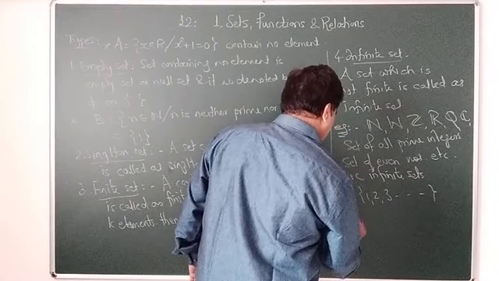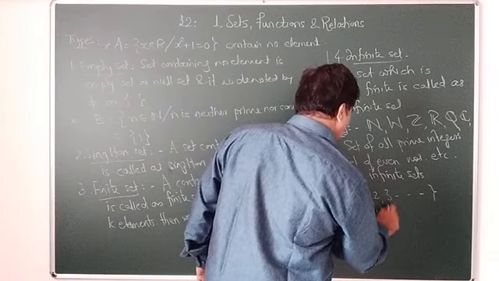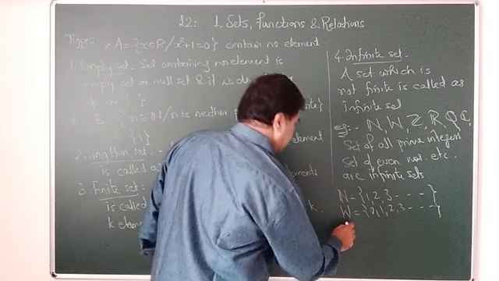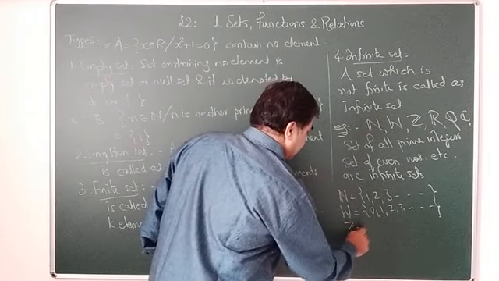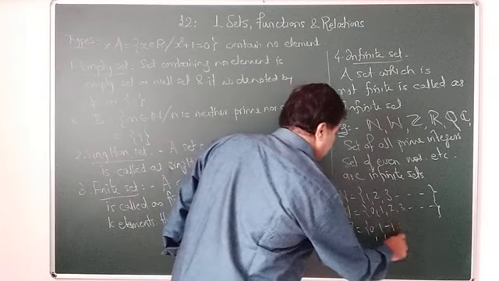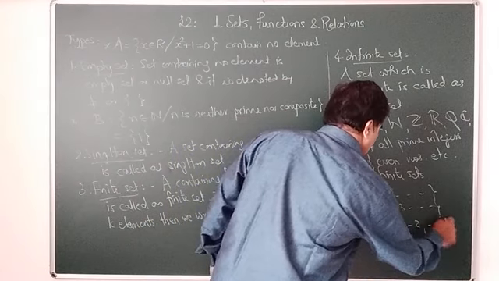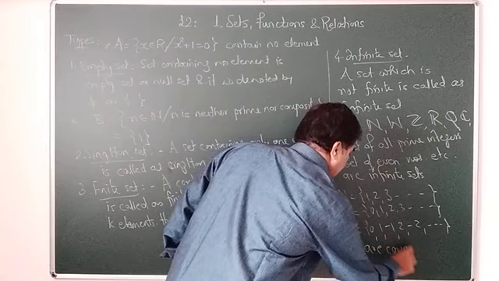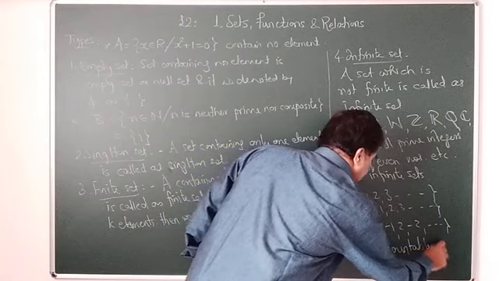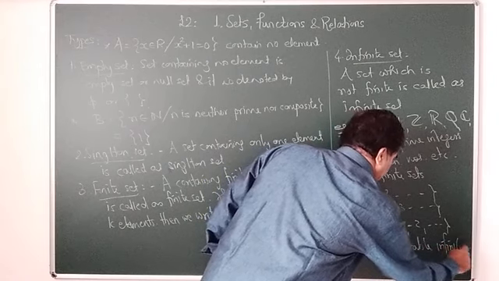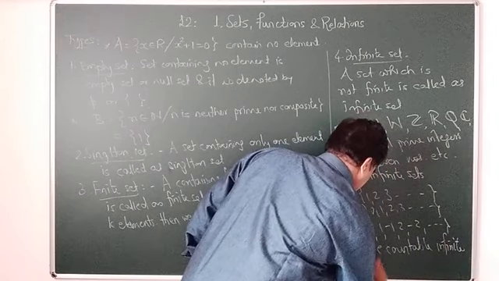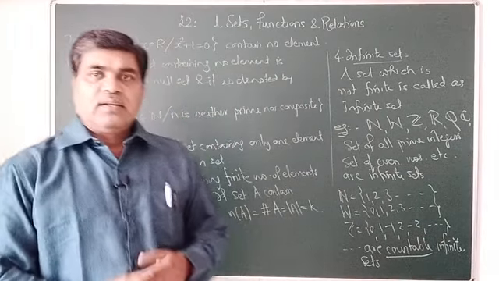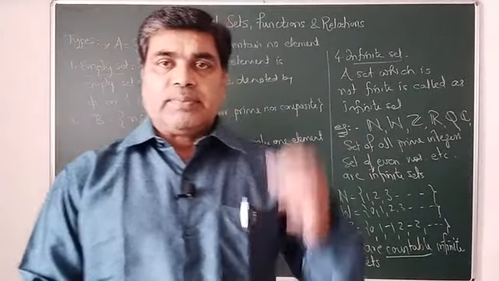These are countable infinite sets. So one after one, these sets are countable.